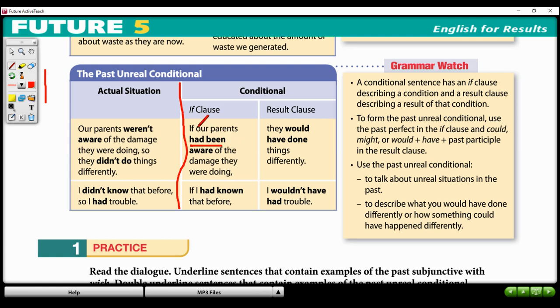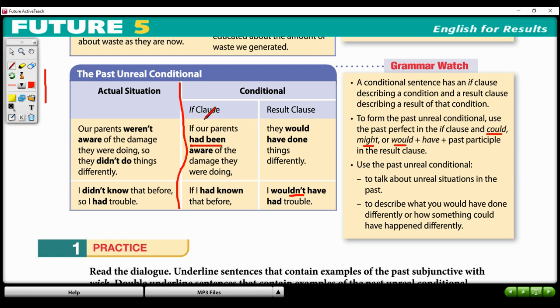And so we have if, subject, had been, and the past participle. And then in the result clause, we can use a modal, could, might, or would, and we can use them affirmatively or in the negative, wouldn't. And then we use have and the past participle again. So here you see memorizing and using those irregular verb past participles is very important.